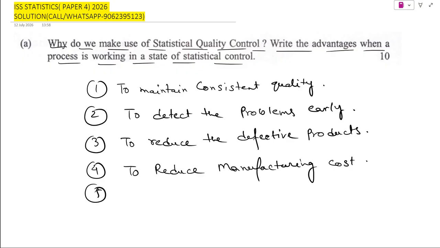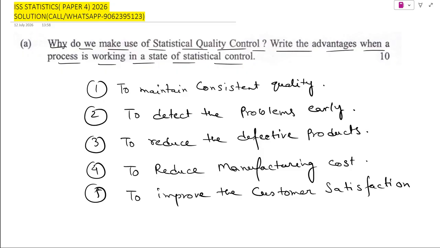Fifth point will be to improve the customer satisfaction. A customer always prefers products with consistent quality, and therefore better quality leads to customer trust, brand reputation, and higher sales.